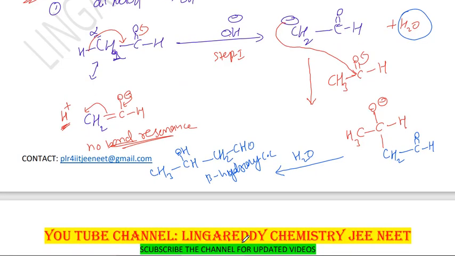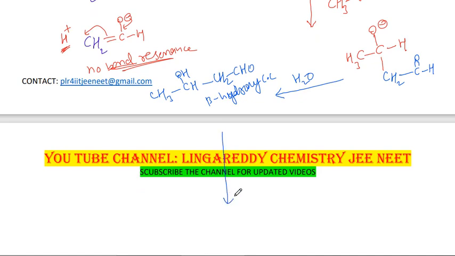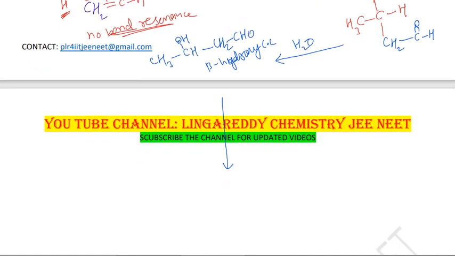This beta hydroxy carbonyl compound, by heating, releases one water molecule. This is the alpha carbon, this is the beta carbon, this is the gamma carbon.